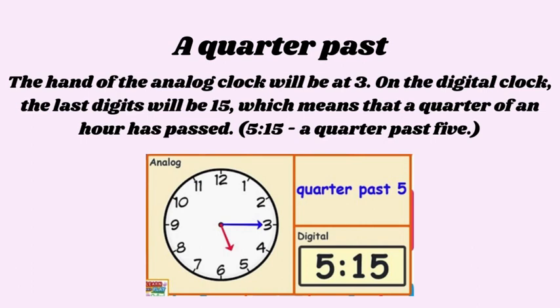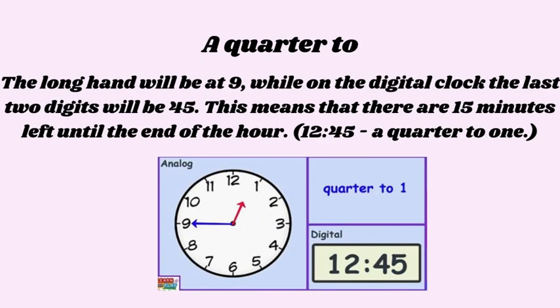So now we move to a quarter to. The long hand will be at 9, while on the digital clock, the last two digits will be 45. This means that there are 15 minutes left until the end of the hour. For example, look at the picture.